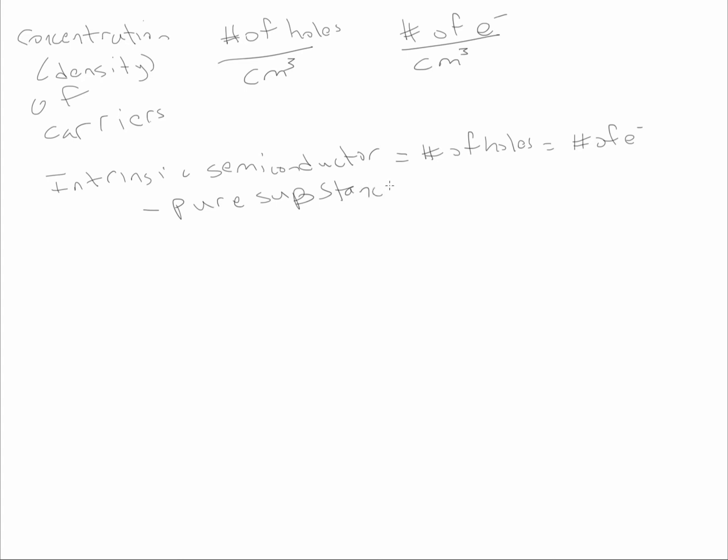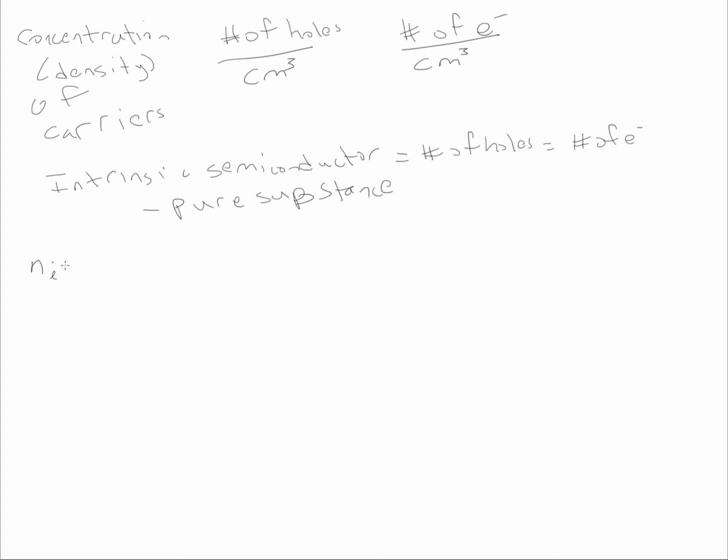There's been no doping of other atoms into the crystal lattice. And so all the holes or electrons have been generated as a pair due to thermal energy, as I've talked about before. So once you get enough energy, that covalent bond breaks and generates an electron and a hole together.